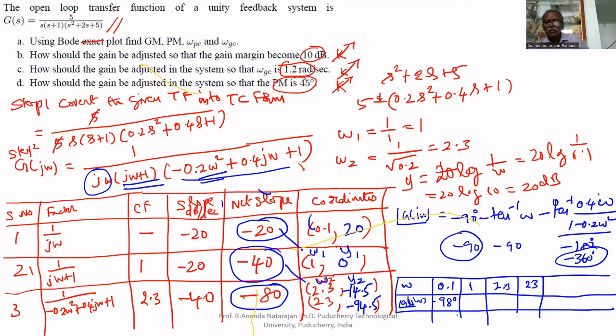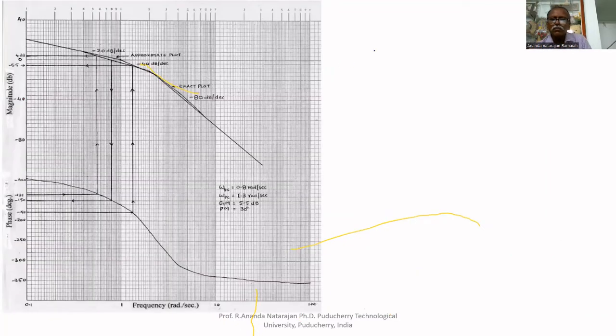For 1, minus 162 degree. For 2.3, minus 229. For 23, minus 351. For infinity, you will get minus 360 degree.